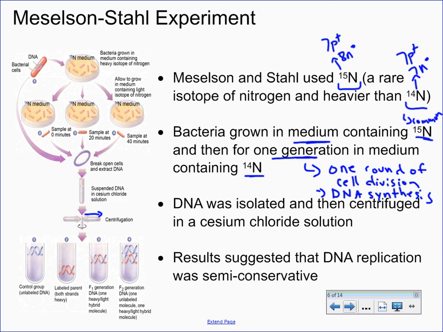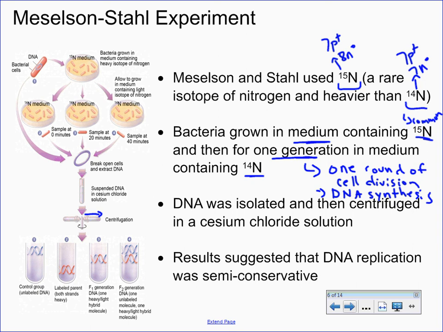Things that are heavier will migrate further. Things that are lighter will stay closer to the top. So DNA containing nitrogen-15, which is a heavier isotope, would migrate further down that test tube, whereas DNA containing nitrogen-14, which is the lighter isotope, would stay closer to the top.